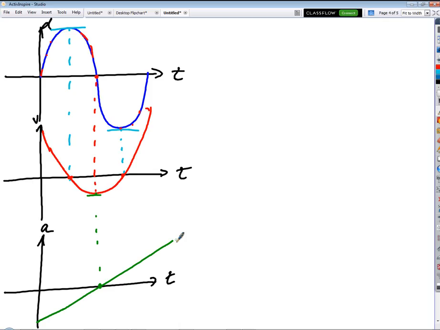Okay, make sense? What do you think the shape of that curve is? X cubed. It's cubic, isn't it? Yeah, so that's a cubic. So its derivative would be quadratic, and that derivative would be linear. How about that? Make sense?